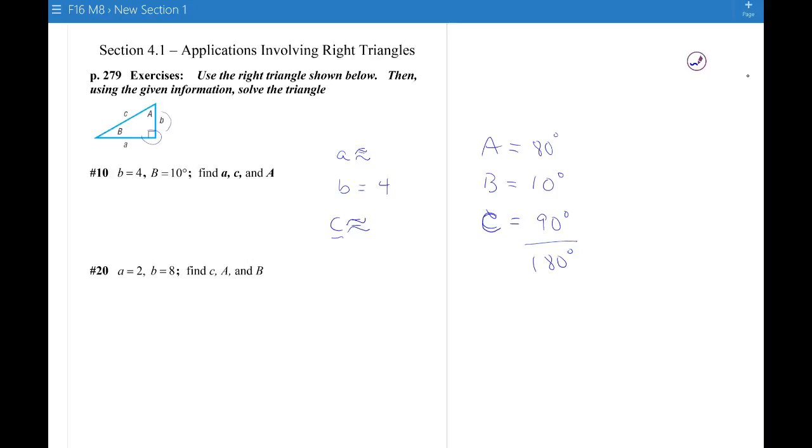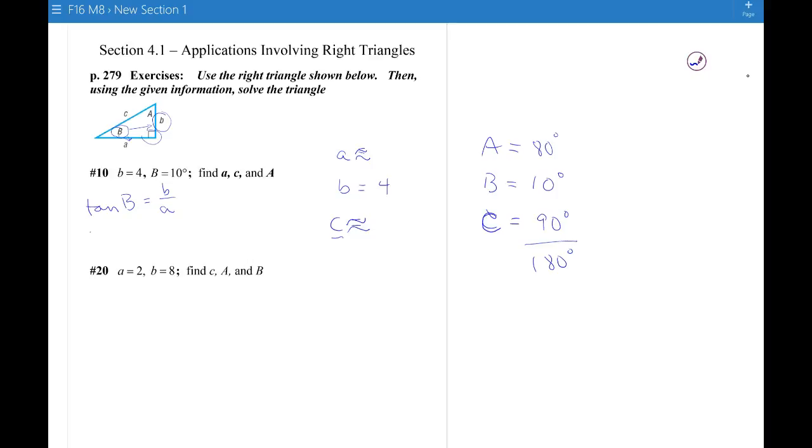So I would say, well, I know side length b, and I know angle capital B, and I know then that the tangent of angle capital B will be little b over a. Tangent of B is opposite over adjacent, b over a.